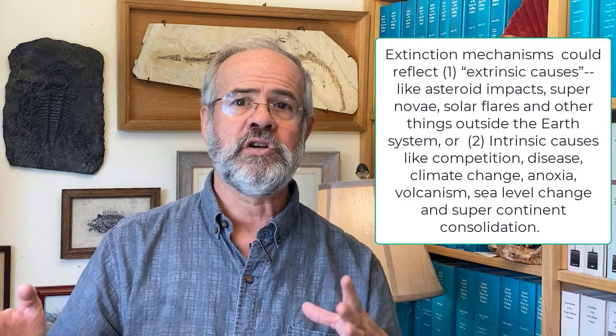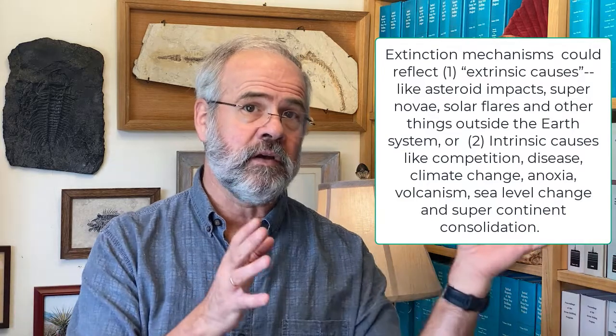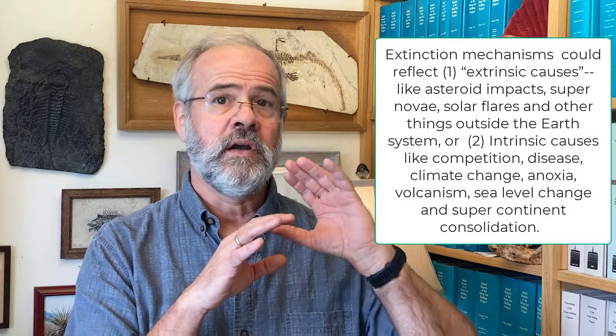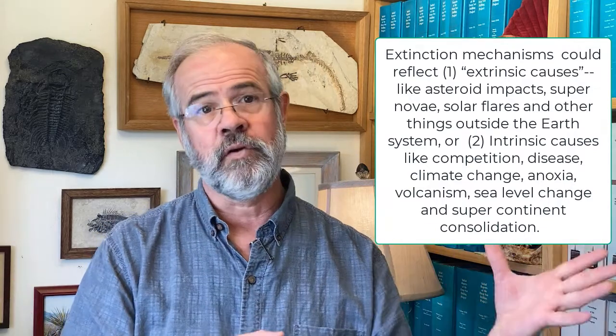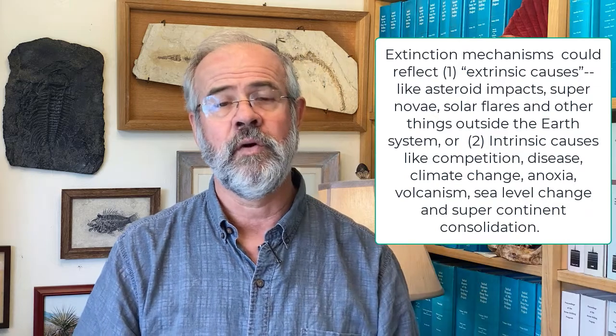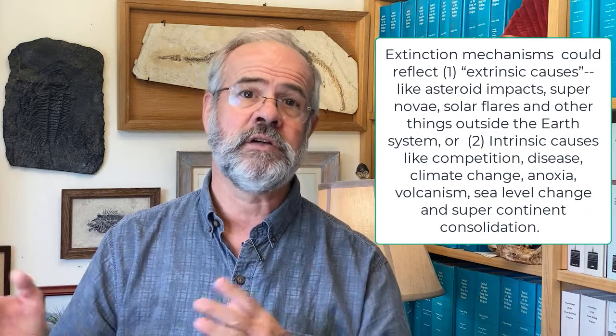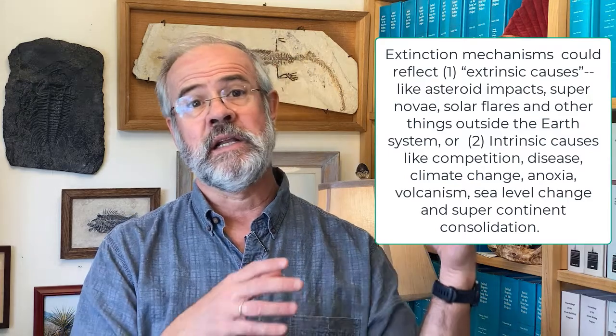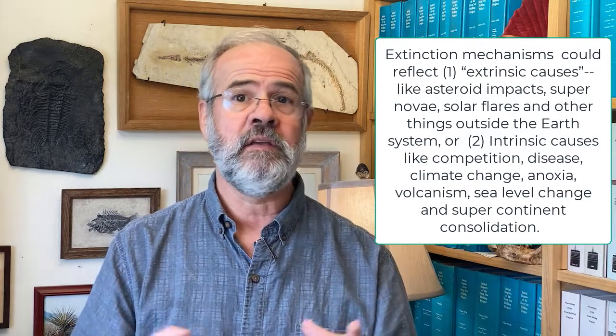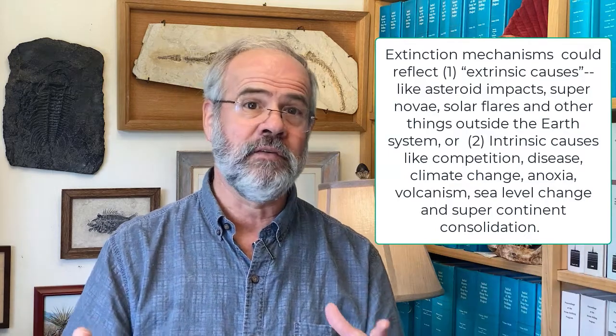In principle, extinction could be due to extrinsic causes, that is, things which are causal mechanisms exterior to Earth, like asteroid impacts, solar flares, supernovae, and so forth. Alternatively, the causes may reflect intrinsic features of Earth's biosphere, such as ecological competition, disease, climate change, anoxia, volcanic eruptions, sea level fall, and supercontinent formation.